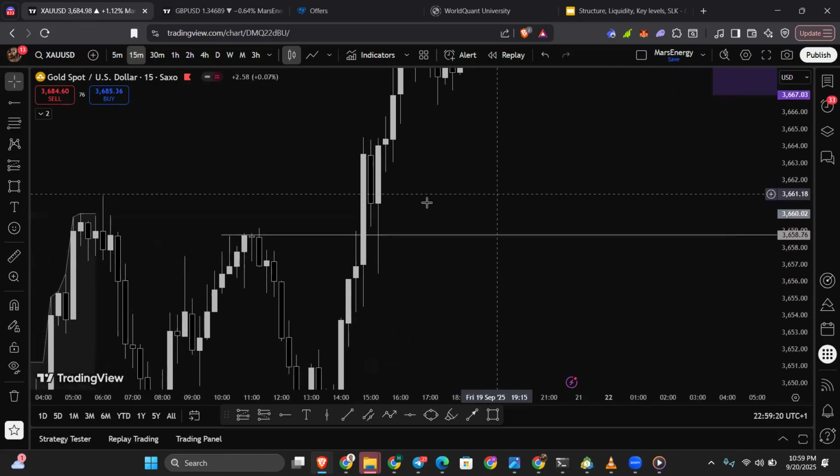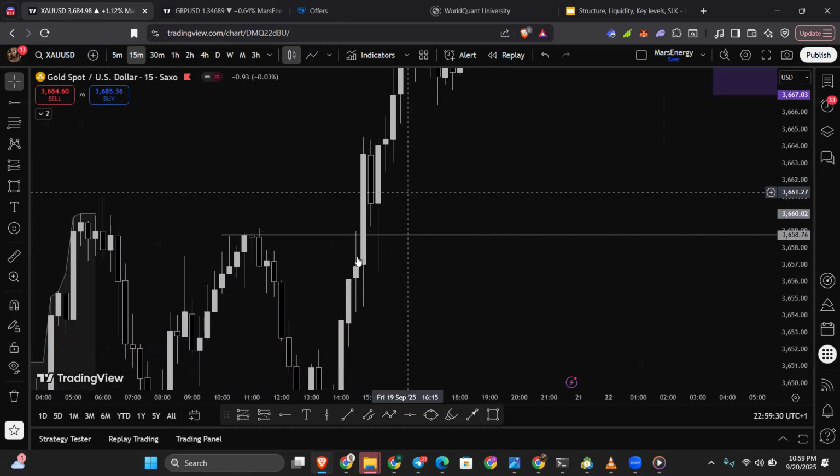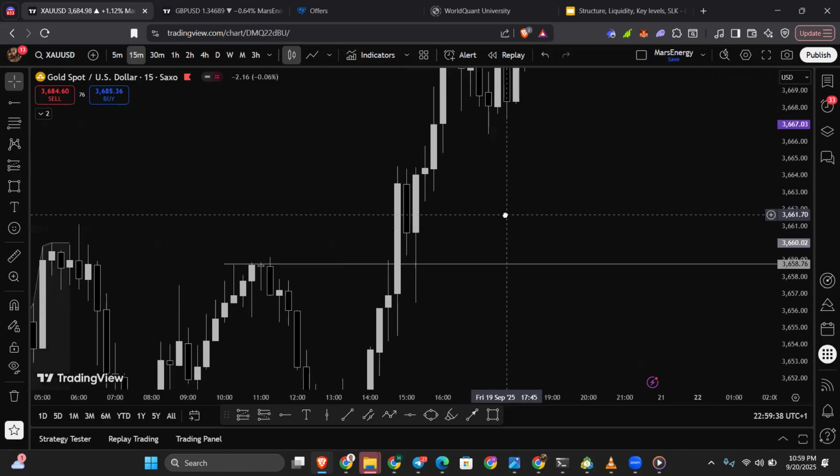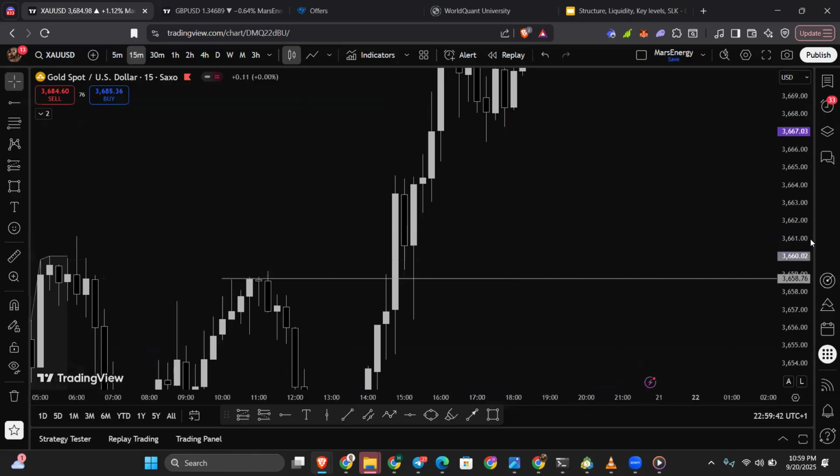The moment price breaks this level, I know that this is a key level I'm supposed to use for sells, but price disrespected it, so I will not be using it for a sell. And the impulsive nature of the disrespect makes me know that okay, I'll be buying.